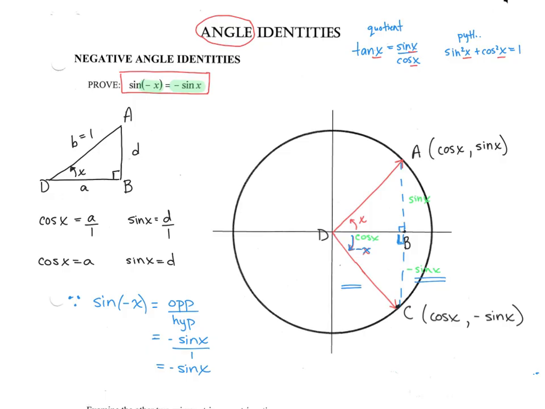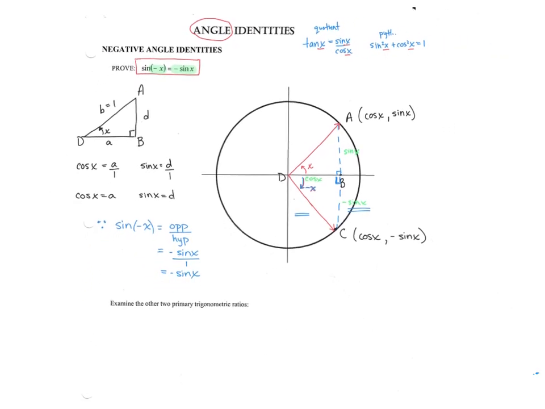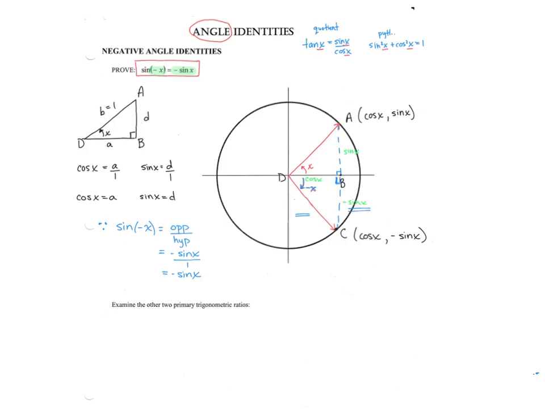But now let's use that information to examine and prove our other two trig ratios. So now if I have cos of negative x, I know cos is adjacent over hypotenuse, so adjacent over the hypotenuse. So cos of negative x is equal to cos x. I know tan of negative x is the opposite side over the adjacent side.